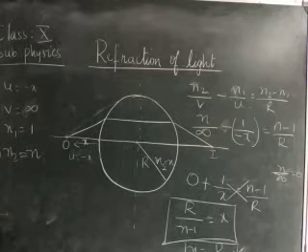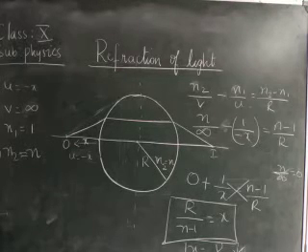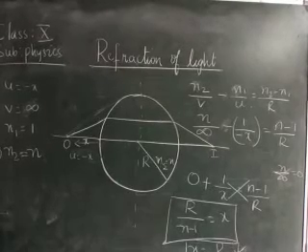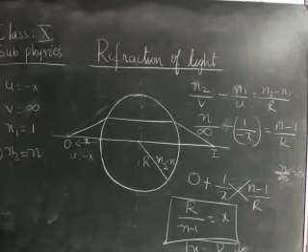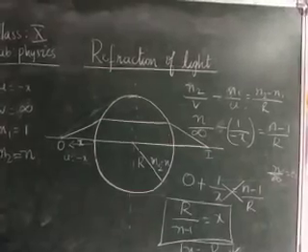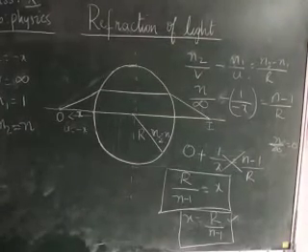As we know, any value by infinity is 0. Therefore by substituting all these values we get r by n minus 1 is equal to x, that is x is equal to r by n minus 1.